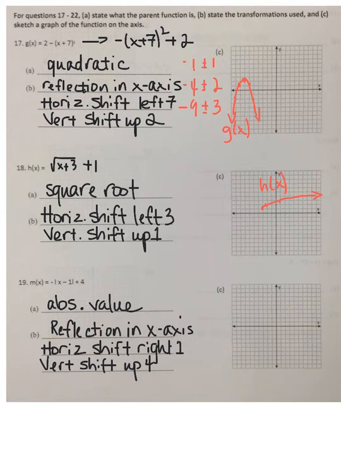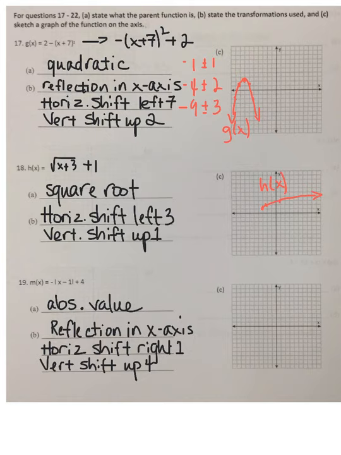All right, then let's look at number 19. That's an absolute value, but now let's just be careful with this one. The absolute value is flipped. And my turning point is going to be shifted to the right 1 and then up 4.